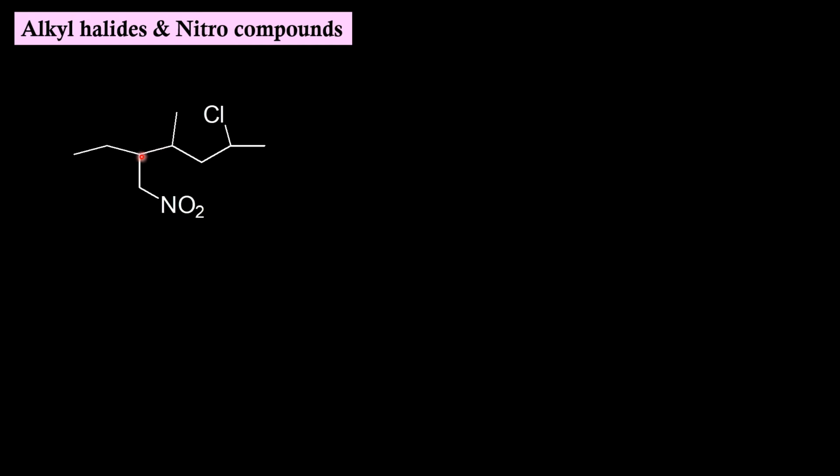With this molecule, we can make out that this is the parent chain. We should start numbering from this end. 1, 2, 3, 4, 5, 6, 7. This portion will be substituent. This substituent will be called methyl.